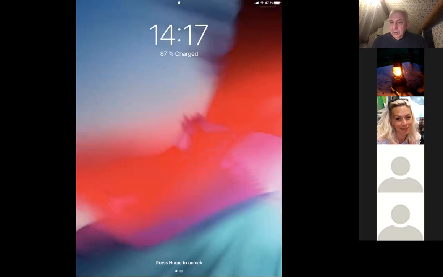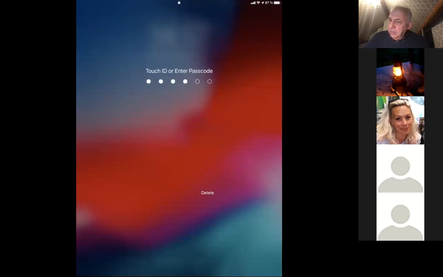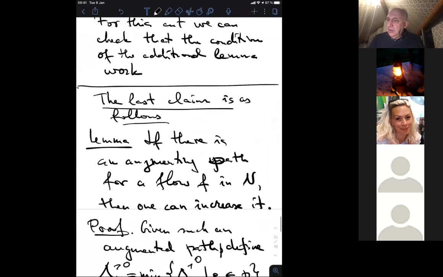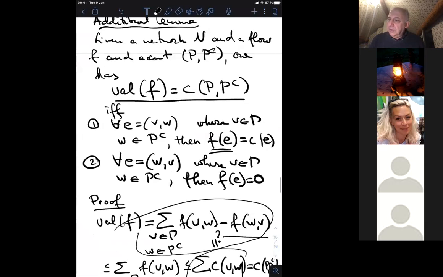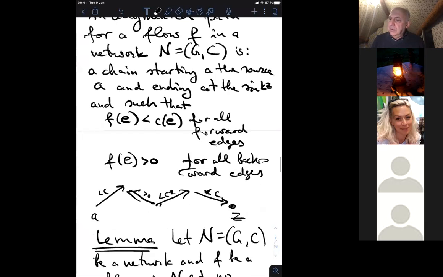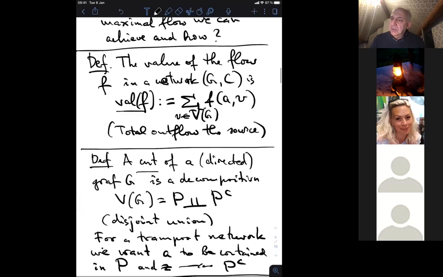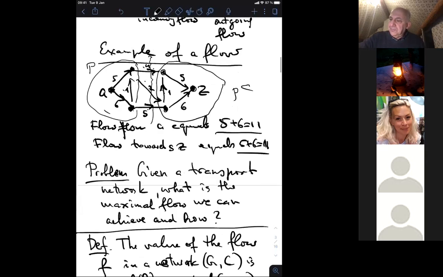And let me finally go back and see that the example I showed you in the beginning was actually the maximal flow. And if you look carefully, you can easily see what the minimal cut is. So I'm going back to the beginning of my notes here.